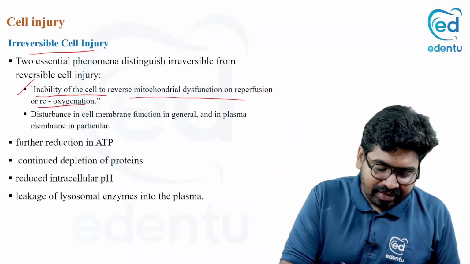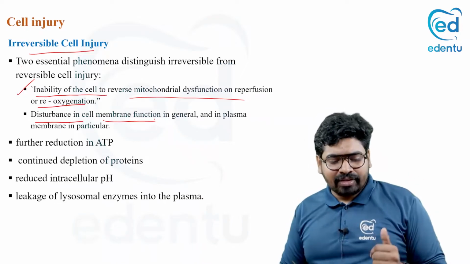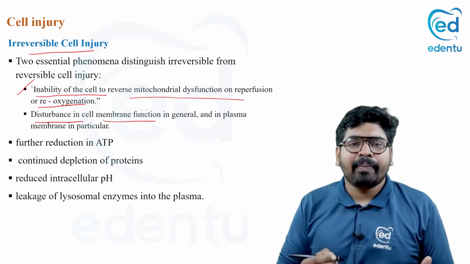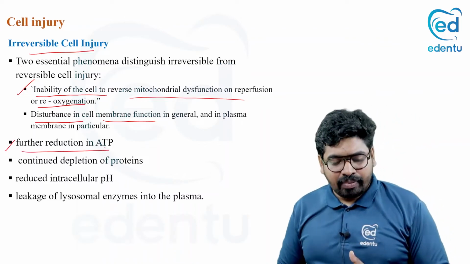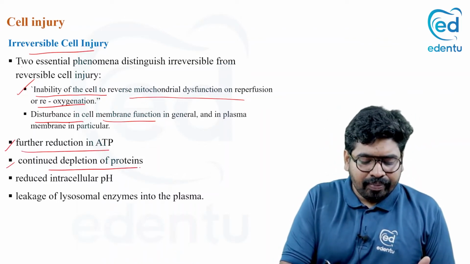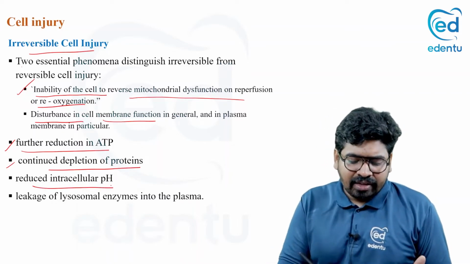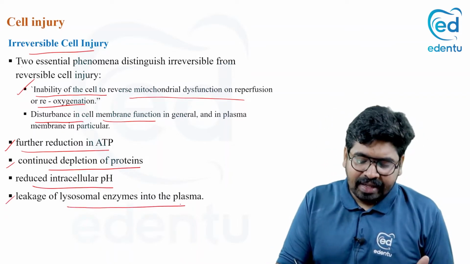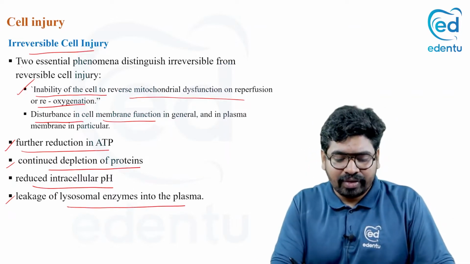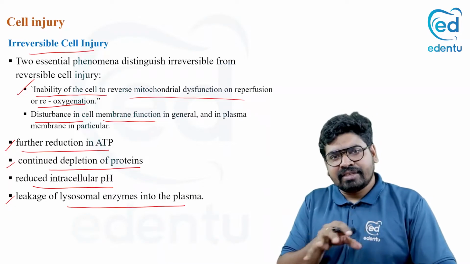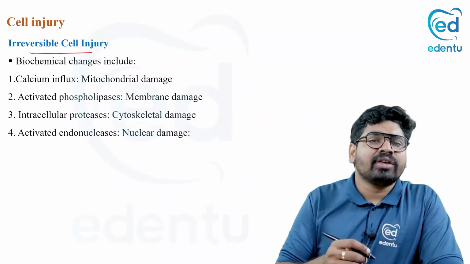There is a disturbance in the membrane function, mainly in the plasma membrane. So what happens in irreversible injury? There is more and more reduction in the ATP, continued depletion of protein, and further reduction in the pH, and the lysosomal enzymes will leak into the plasma. I have told you the cell membrane breaks and there is leakage of these enzymes.